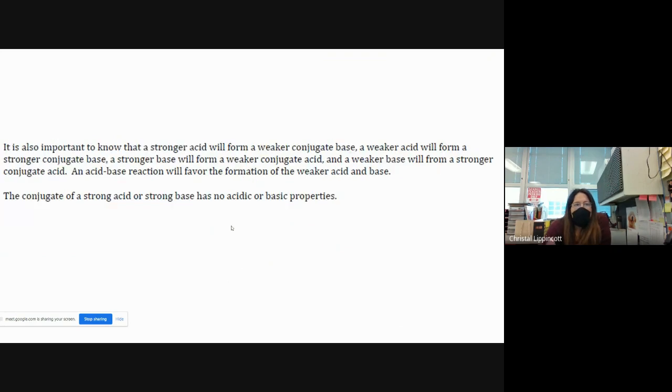Okay. So it's important to know that the stronger acid will form the weaker conjugate base. And this is hard for me to remember. So you guys need to figure out a way to get this in your brain because I have a hard time doing this. So if it's a strong acid over here, stronger.